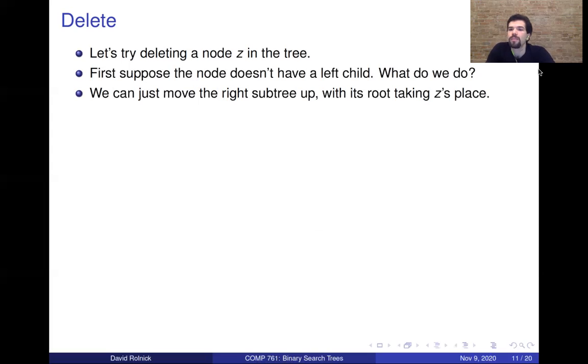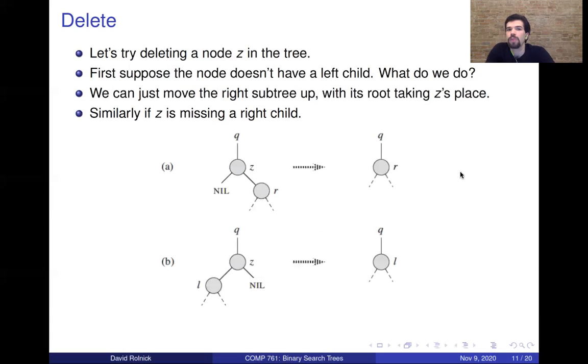We can just move the right subtree up, with its root taking the place of the node we just deleted. Similarly, if we're missing a right child. So here, if we have no left child, we just move this up.